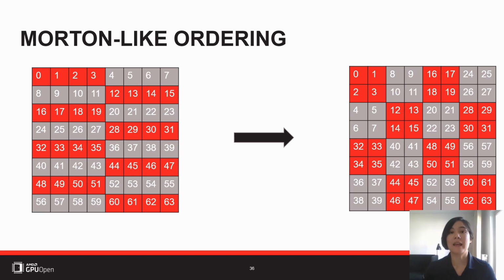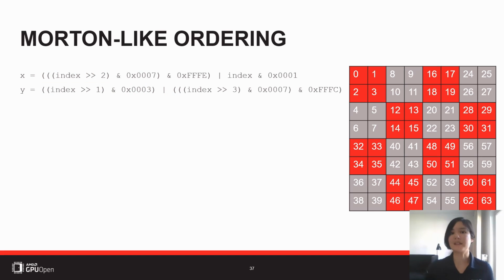Recalculating the indices from row major to this quad pattern, you can think about how to do it yourself, or you can just take this code and use it. We basically figured it out already for you. The input is the index in 1D, and it will give you the 2D indices x and y. Then you can use these indices directly to index into your texture and load from it.